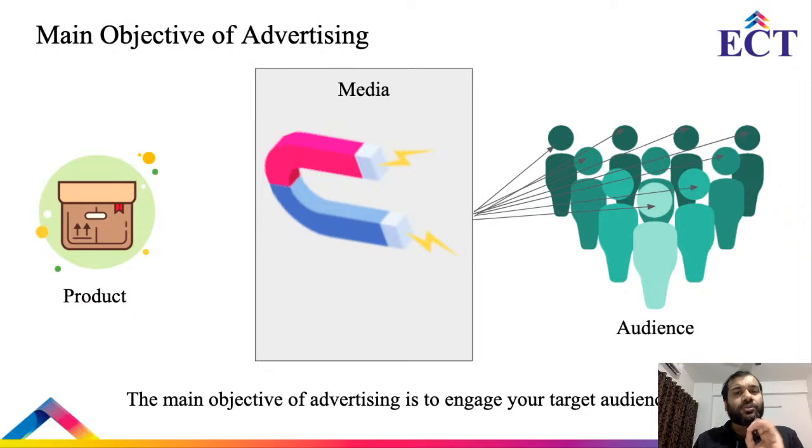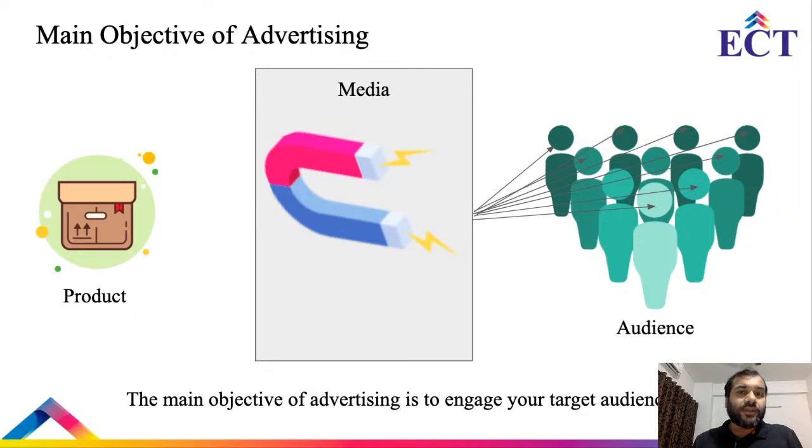If you think of the main objective of advertising, you will see there is a product or a service, an offering, and you will have a set of target audience who need that product, right?